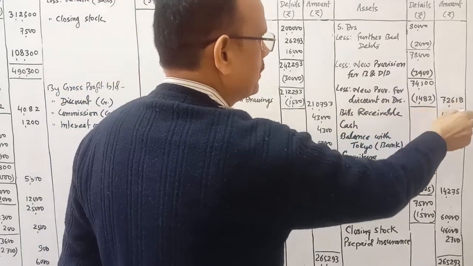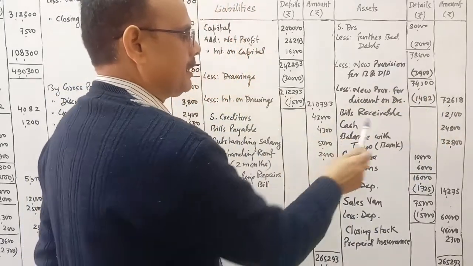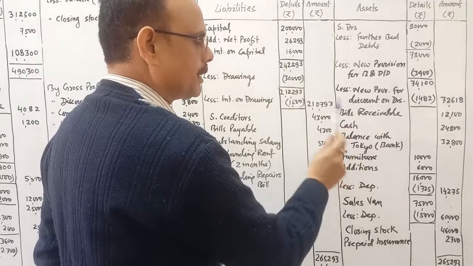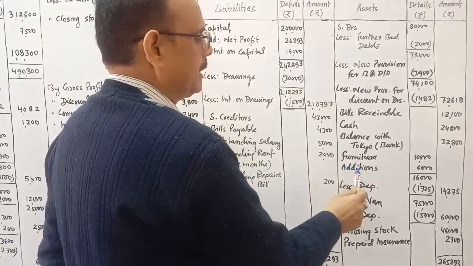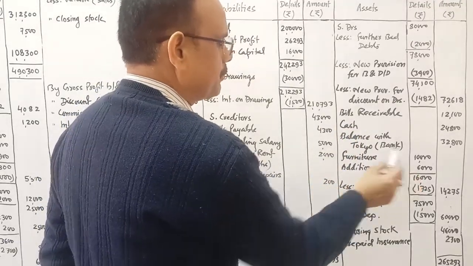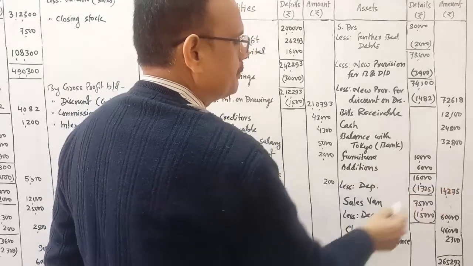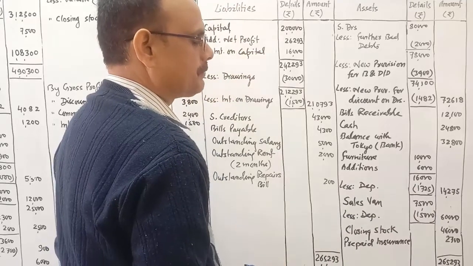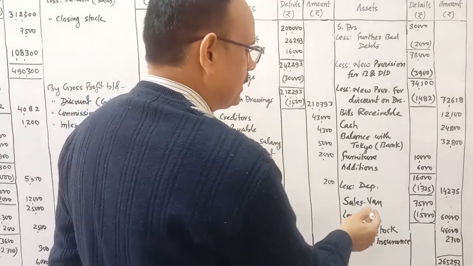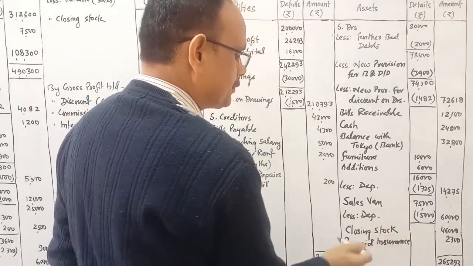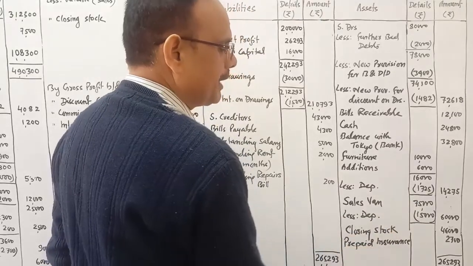This is the net realizable amount from debtors. Bills receivable, cash, balance with the Tokyo Bank, furniture, additional furniture, now 16, depreciation thereafter, and the net book value of the furniture is 14,275. Sales van is 75, less depreciation, closing stock and prepaid insurance.